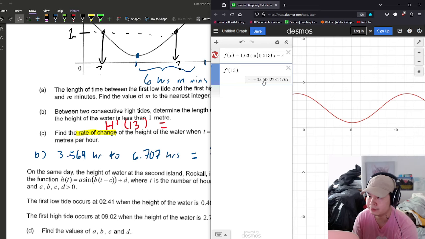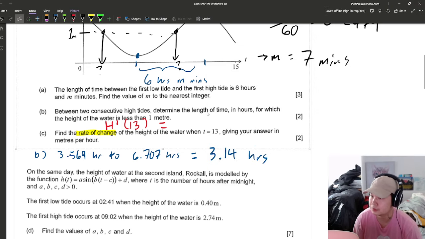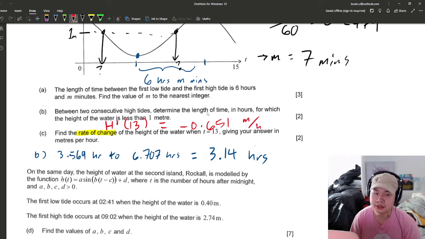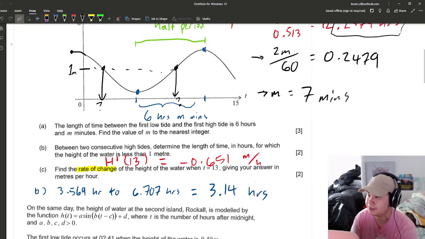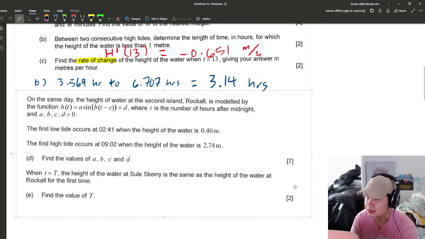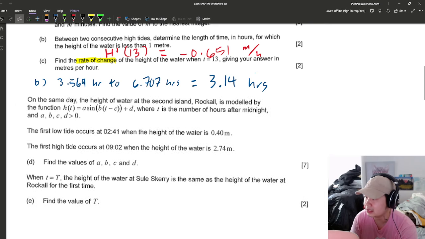It's negative 0.651. And then I guess you need meters per hour, which this is fine, because I think the units are meters and hours, right? Yeah. Okay, easy peasy.